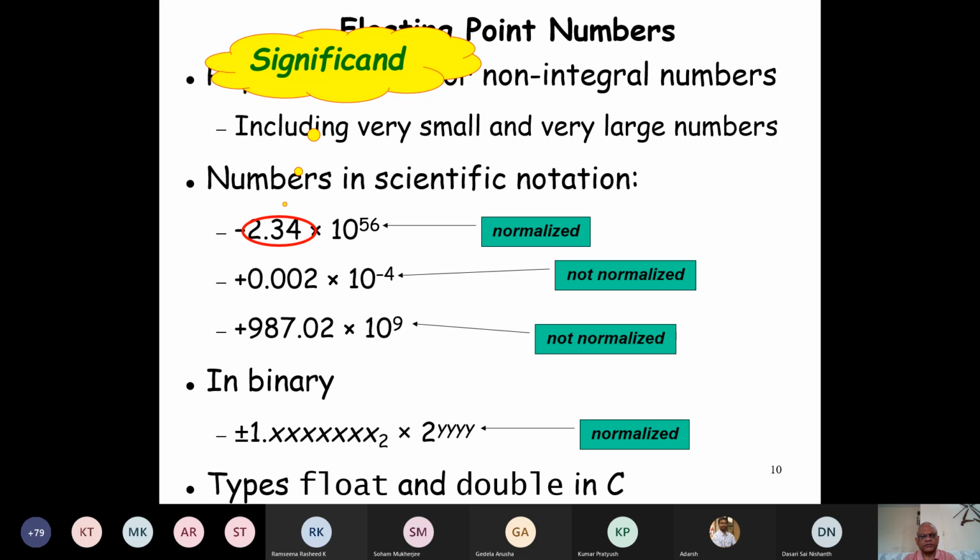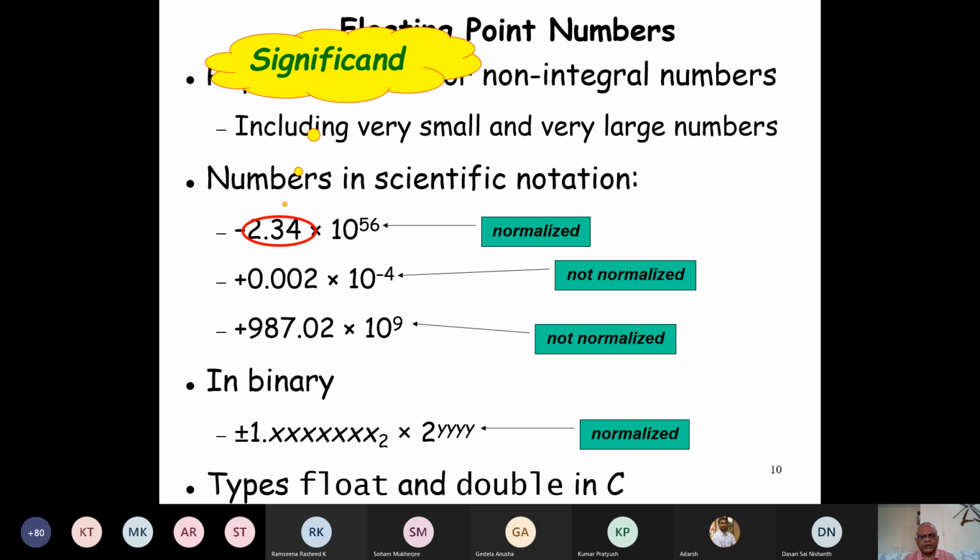These are not normalized, but the first one is normalized. In binary, a normalized representation is one where we have exactly one 1 to the left of the point here.